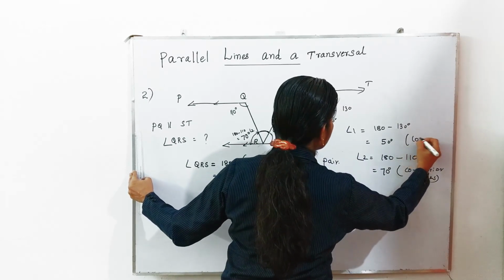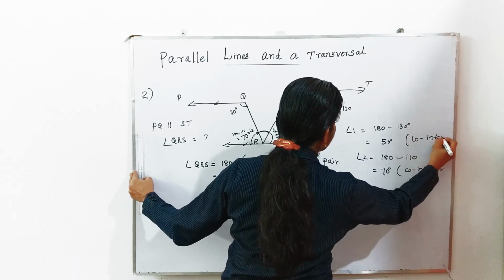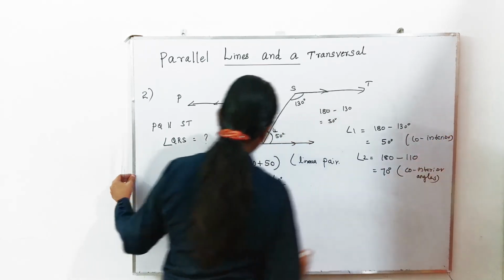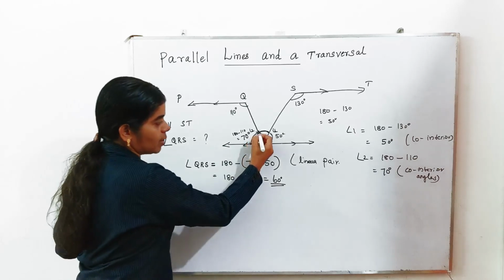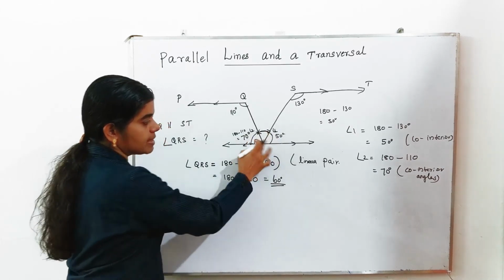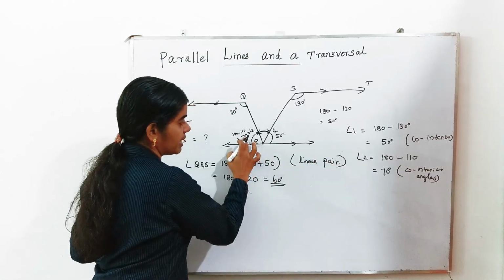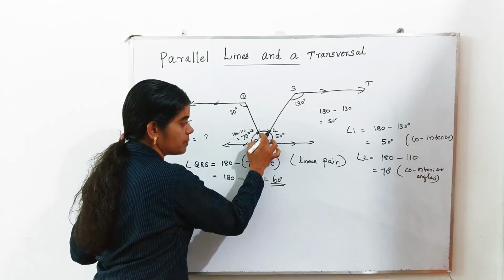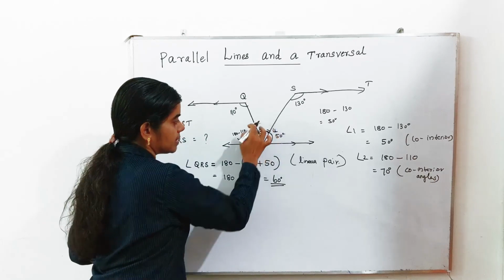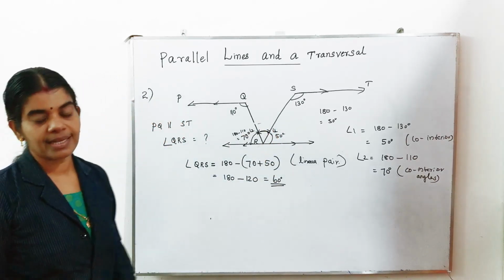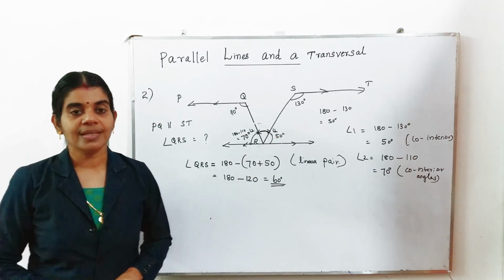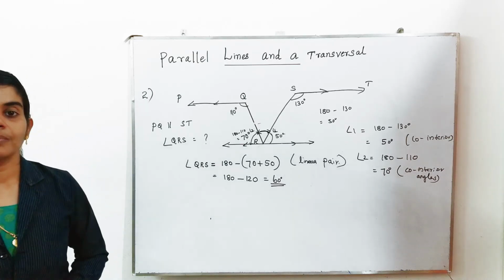This also will be co-interior angles. Then only this middle angle you want to find out. But these three angles form a linear pair. Then 180 minus (70 plus 50), you will get this middle angle. That is, you got 60 degrees. Is it clear now? Thank you. We can see you in the next video.